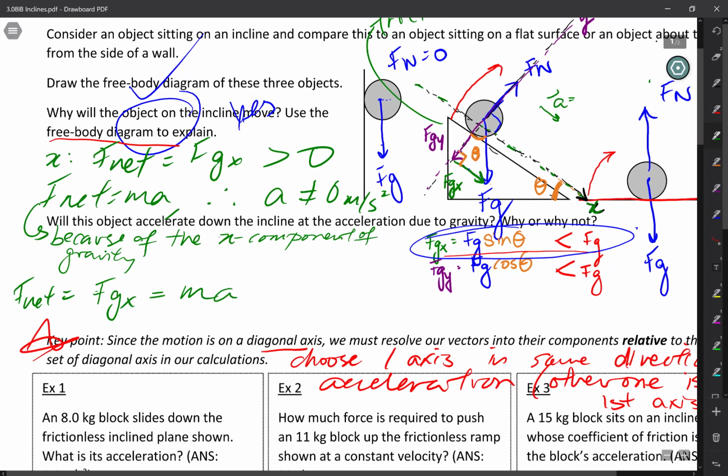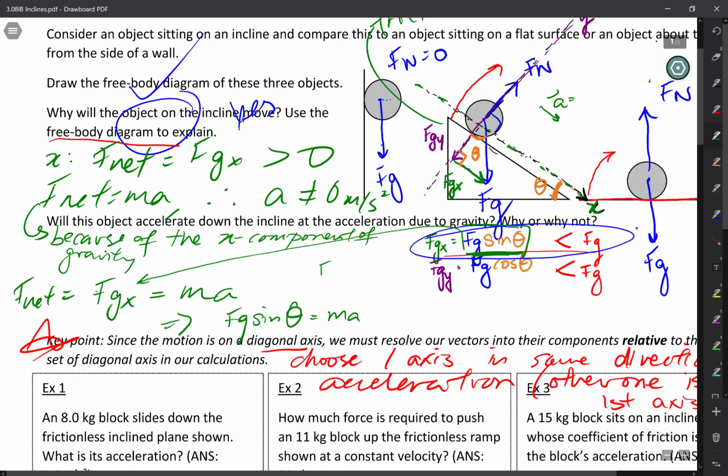Let's use that FGX is equal to FG sine theta. I'm going to substitute FG sine theta over here, and I get FG sine theta equals ma. Also, I know that FG is equal to mg.